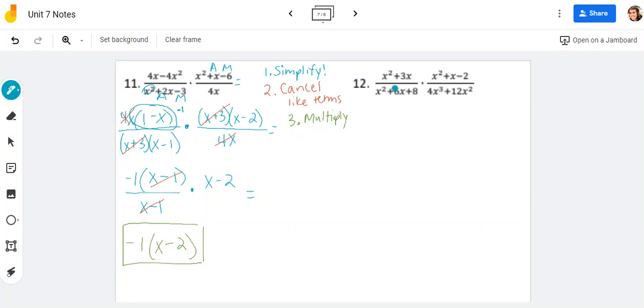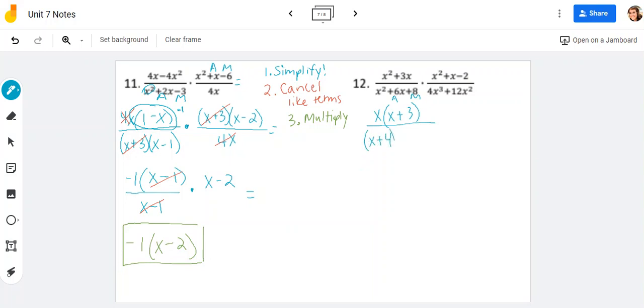Trying another example over here, I just follow these 3 steps. I start with simplifying. So I see I can factor out a GCF. So I get x times x plus 3. And then again, I'm going to use my magic numbers. What multiplies to +8 and adds to +6?